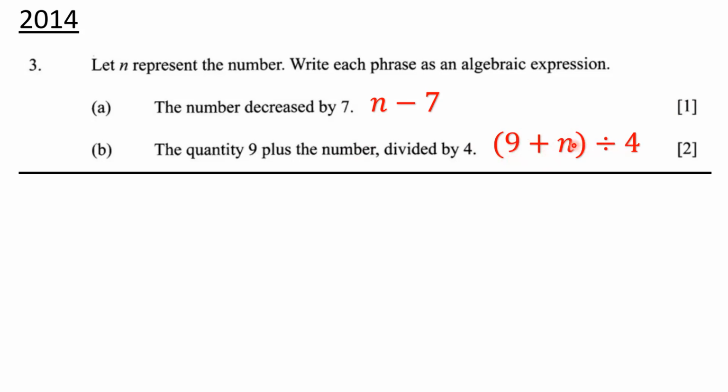That's how we write it. The quantity, right? That grouping of a number and a letter, that quantity. So we're talking about a group, not just one number. That quantity divided by 4. So the quantity of 9 plus the number, which is n, divided by 4. Okay, let's move on to the next one.